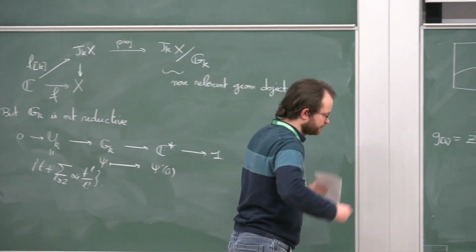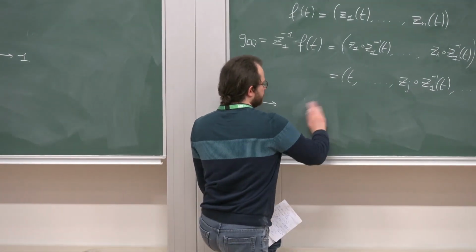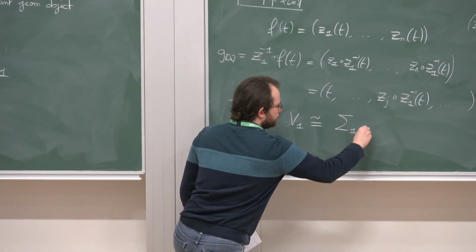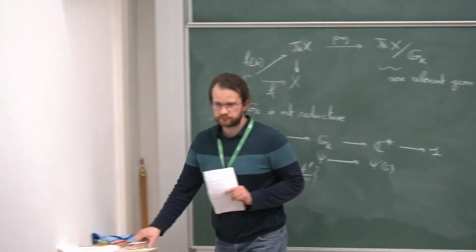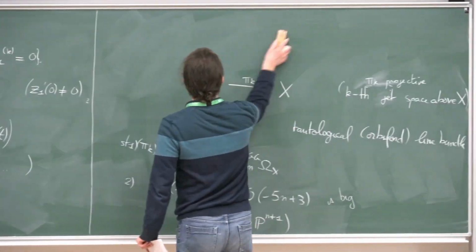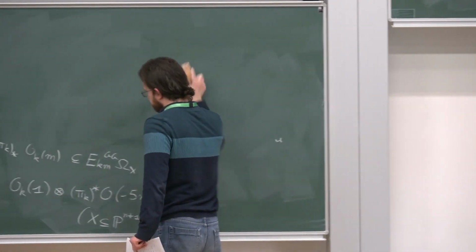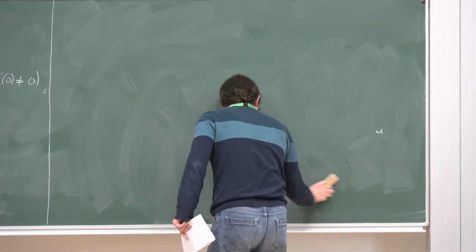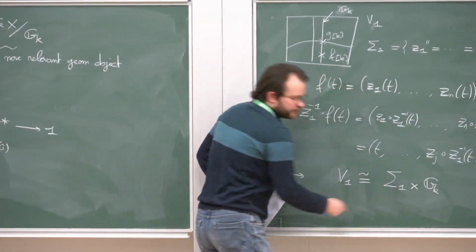So now write things carefully, and you will end up proving that V_1 is isomorphic to this sigma_1 times G_k. Okay, so now we have at least a geometric quotient because the quotient will turn out to be isomorphic to sigma_1.